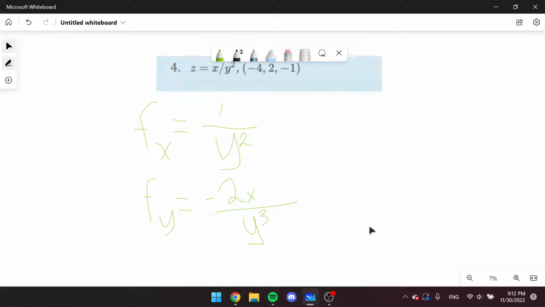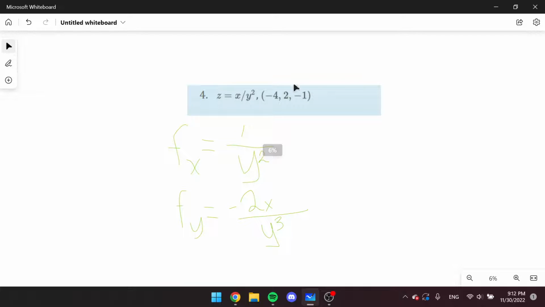Yeah, that sounds right. Alright. So now, we just have to evaluate it at the given point. So if we evaluate it, we'll get 1/4 for the slope in the x direction, and we'll get 8 over 8, so just 1 in the y direction.